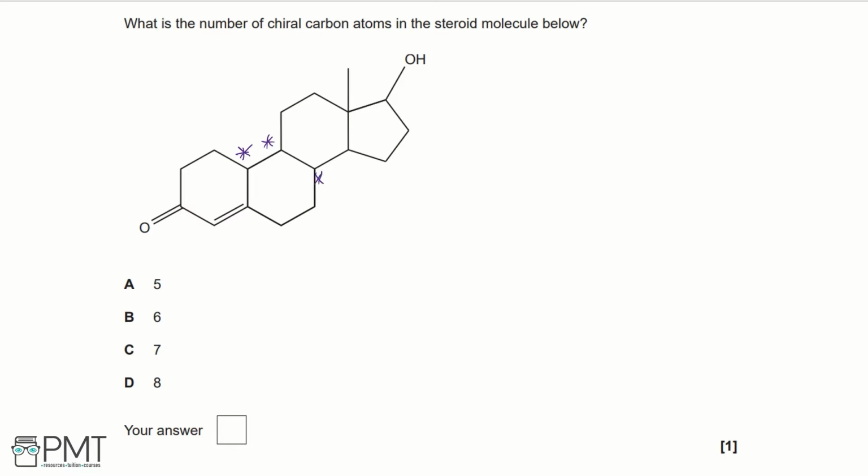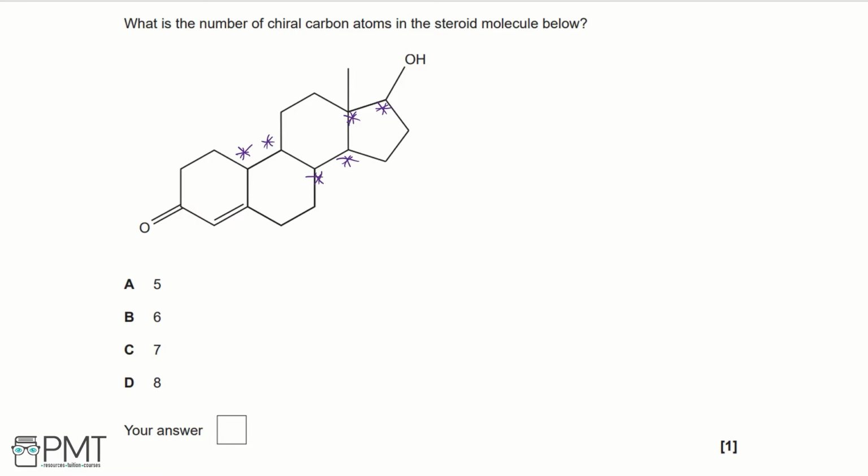Similarly, moving on, we have a chiral carbon here and here. Also, there is one here with our CH3 group attached and one with our OH group attached. At each of these chiral carbons, there are 4 different functional groups attached to the carbon, and this is the definition that you will need to know if you're asked to define it later on in the exam.